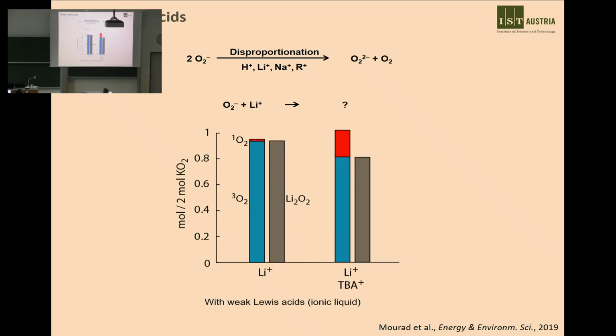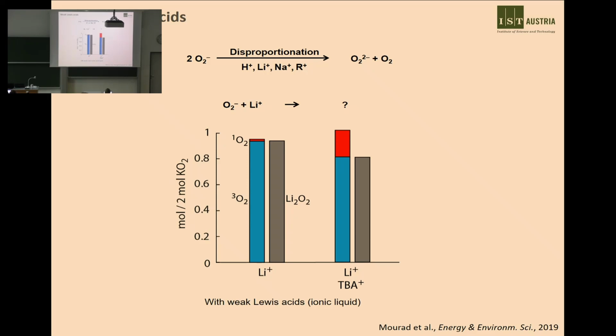And if we add a weak Lewis acid, these are the typical cations of ionic liquids, which are often thought to be very attractive electrolytes, and which also have been looked at in the context of metal air batteries, then it's becoming a lot worse.